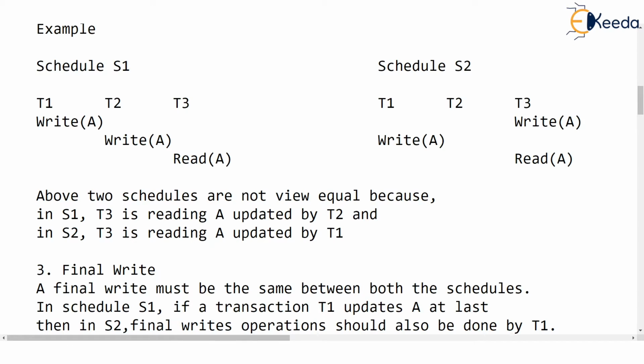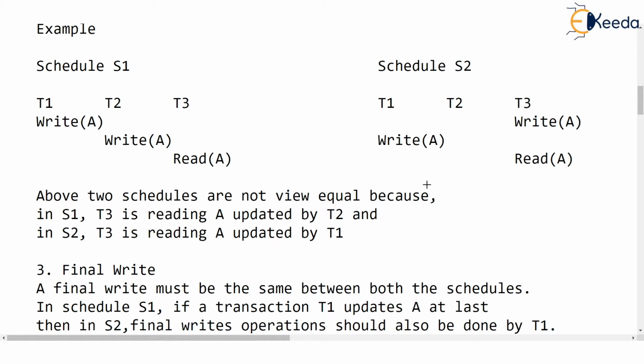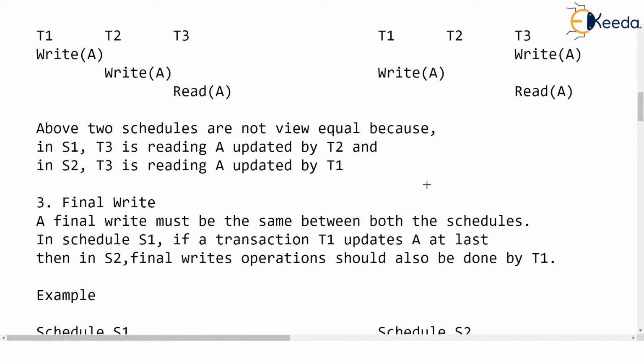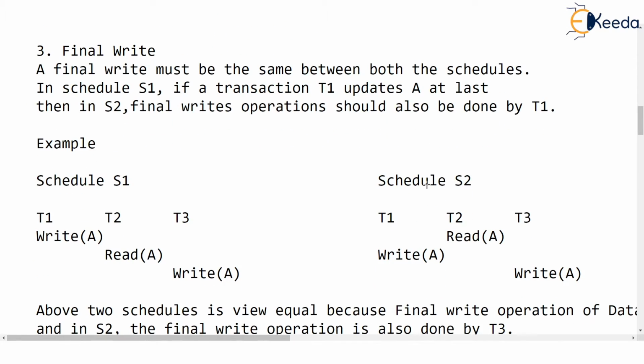I hope you're understanding. Now the last condition is final write. Very simple again. To understand final write, before we read whatever definition is given, we say that these two schedules, S1 and S2, will be view equivalent if some data item is written by some transaction in S1, and that is the last write on that data item.